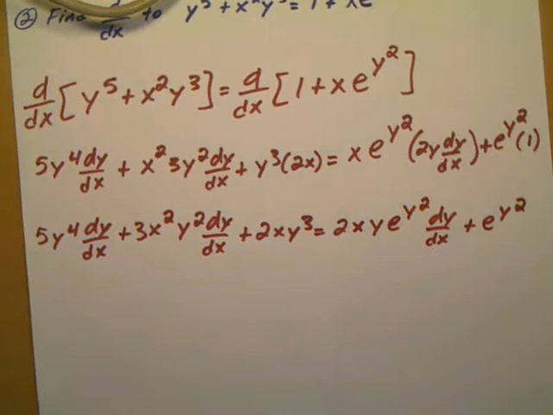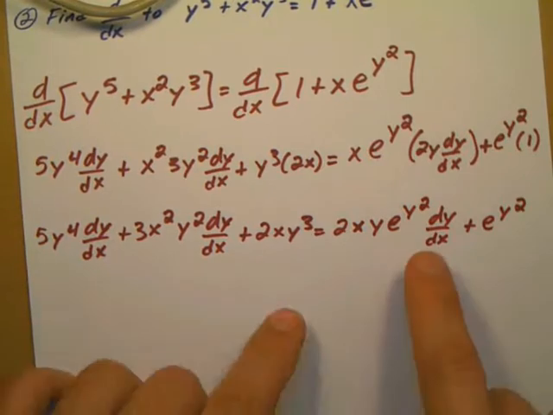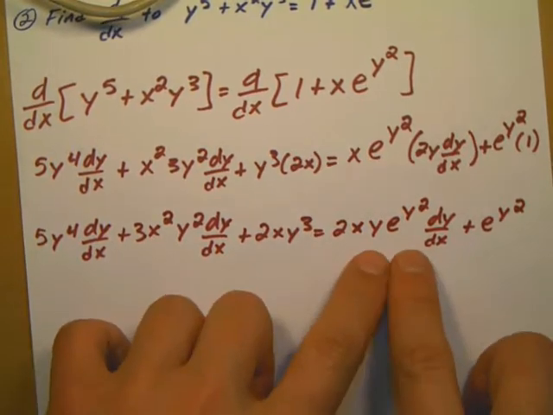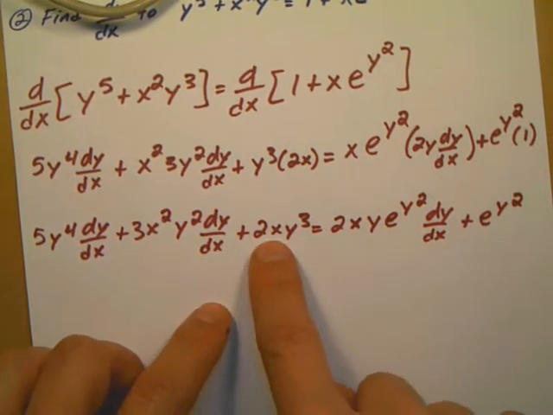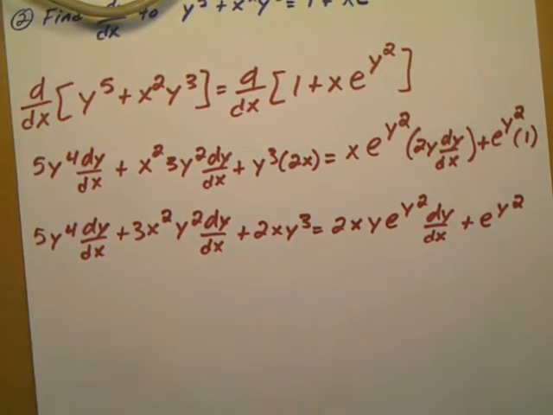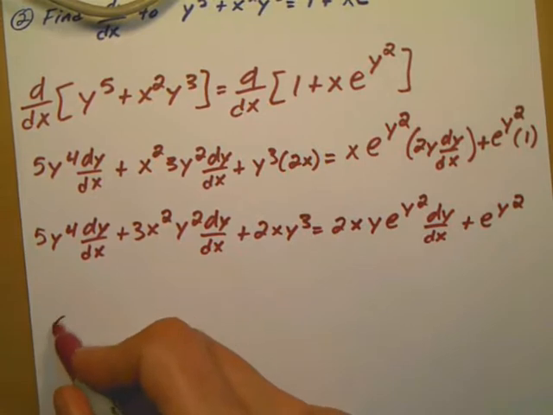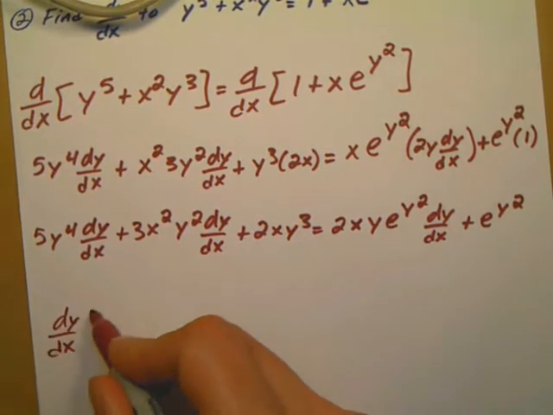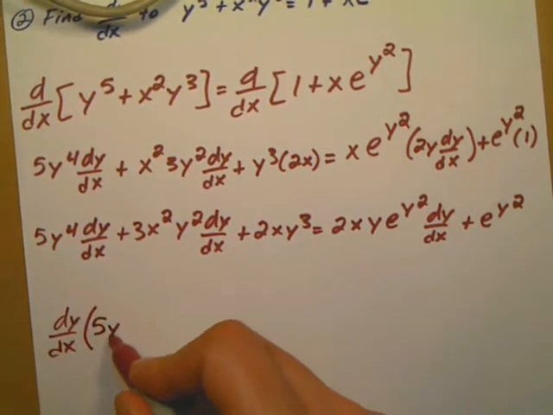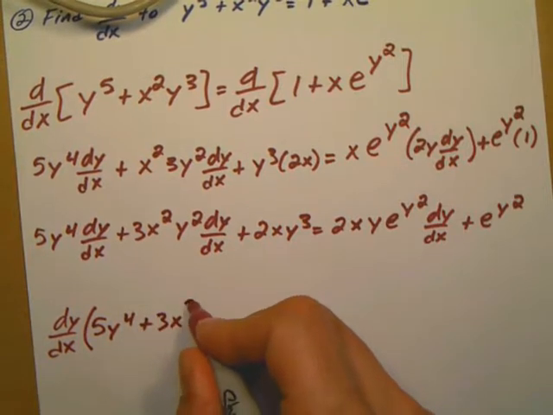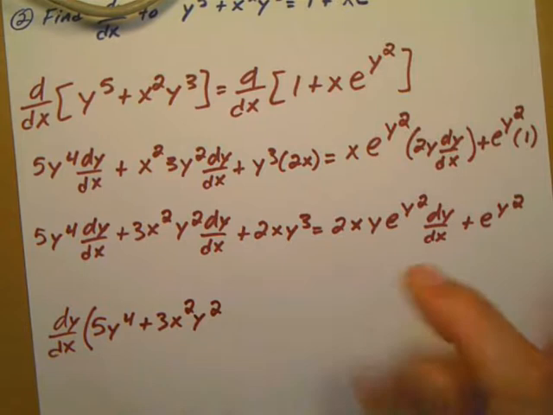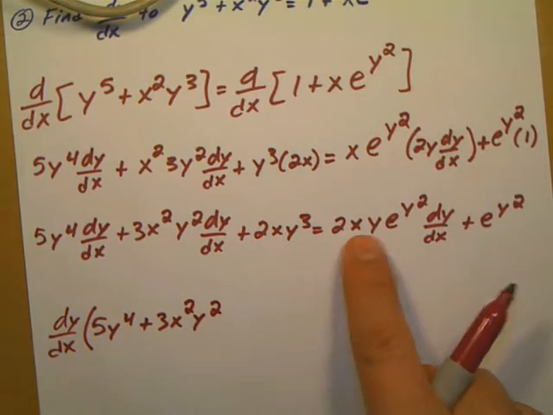Now the general idea is that you want to get all the dy/dx terms on one side. So I'm going to take all of this and move it over, and then take this piece and move it over here. So when I factor that out, it's dy/dx, and it's going to be 5y to the 4th plus 3x squared y squared.